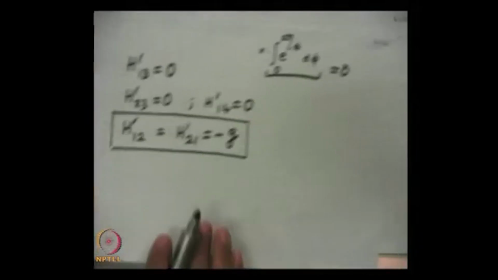So, therefore, if I write this down, you may remember that we have to write down this equation. We said that if it is a two-fold degenerate state, you will have a set of 2 equations. If you have a three-fold degenerate state, you will have a set of 3 equations. If you have a four-fold degenerate state, you will have a set of 4 equations.